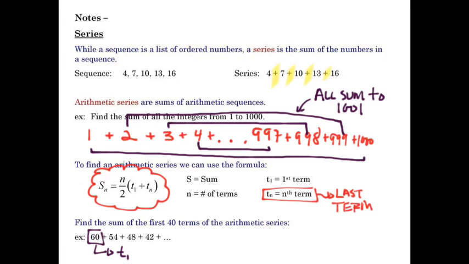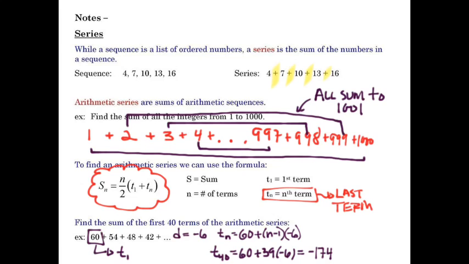If I want the sum of the first 40 terms of a sequence, I need the first term and the 40th term, the last term. I have a common difference of -6, so my nth term becomes 60 plus n minus 1 times -6. For the 40th term, I plug in 40 for n and I get negative 174.